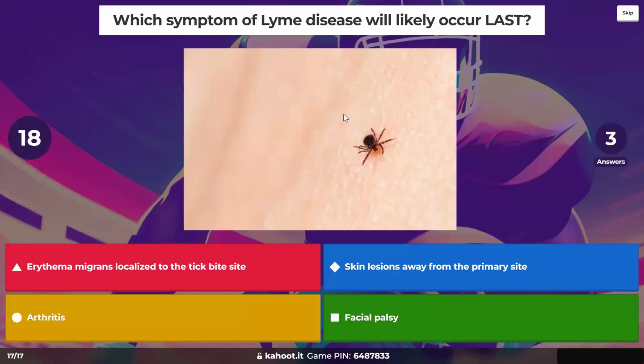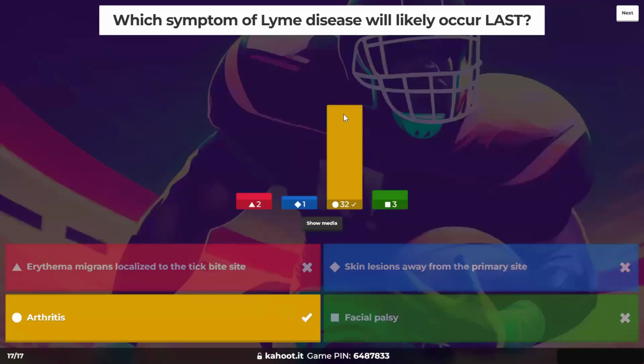Which symptom of Lyme disease will likely occur last? Remember the timing? We said one of the late ones was arthritis. So we're talking about Lyme arthritis.